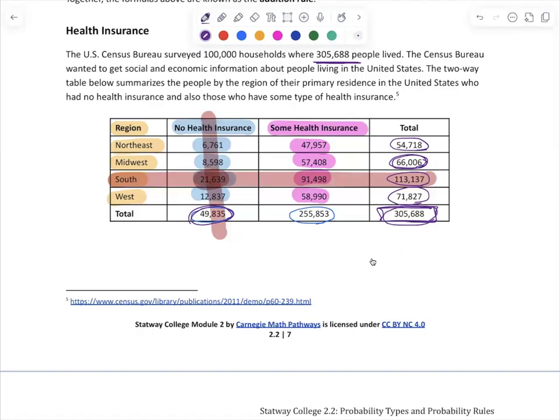Okay, so we're finding the probability that the person lives in the South or has some insurance. Submit your answer to the poll so we can go over the algebra together.